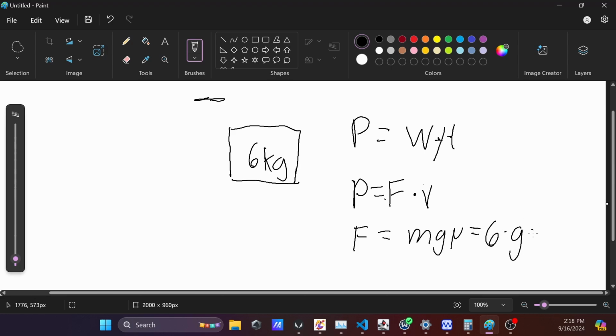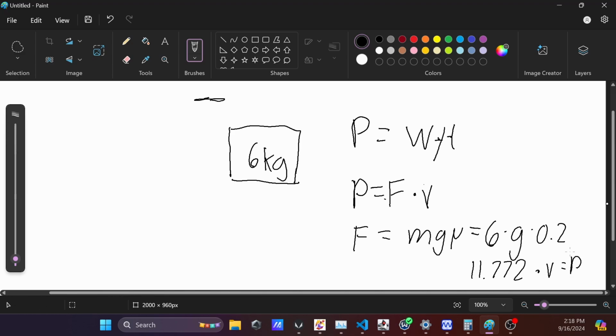What's mu? Mu is 0.2. So it's just 6 times 0.2 times g, so that's going to be 11.772, and that's times our velocity, which is 4.